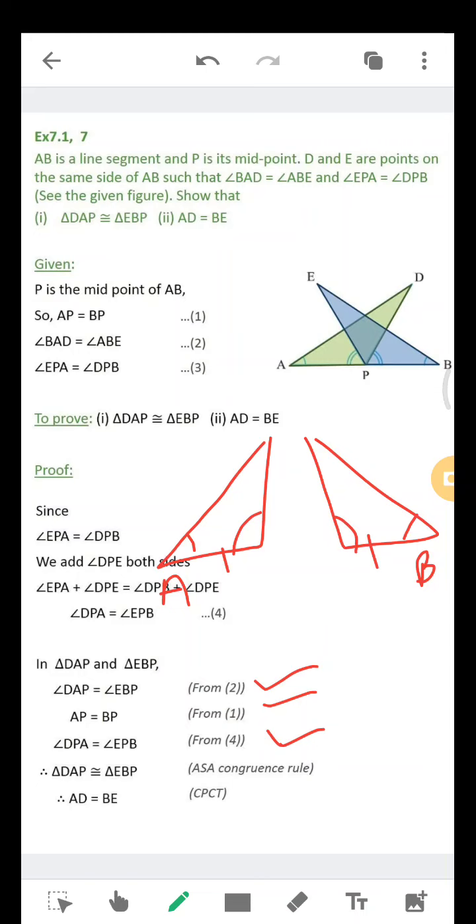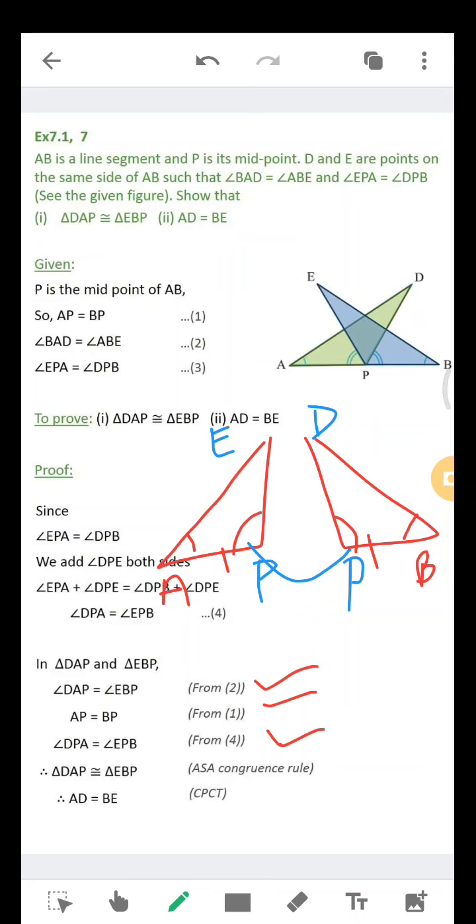So for getting this complete angle, we did this step, adding DPE on both the sides. This is D and this is E. So here I used two angles and one included side, so I can say these two triangles are congruent, okay. This is your P and this is also P.